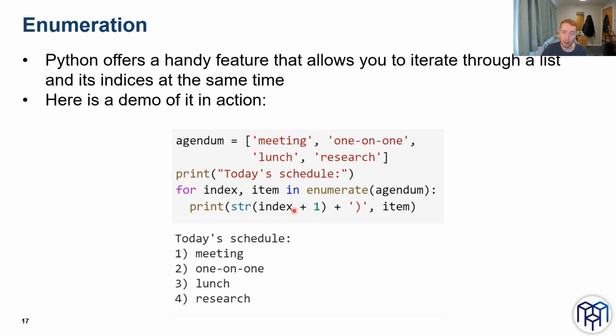Then we can take index, add 1 to it, convert that to a string so we can concatenate it with a bracket, and then print out the item as well. The second iteration, index will have value of 1, and the item will be 1 on 1. And so we keep doing that, printing things out, and this allows us to keep track of where we are in the list and what we're looking at at the same time in a very simple way.